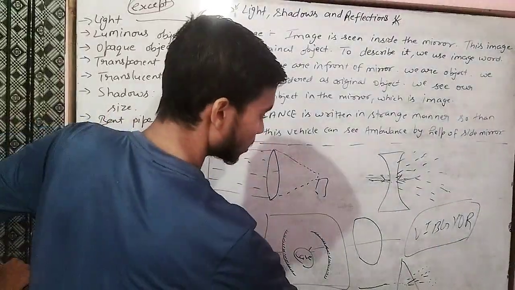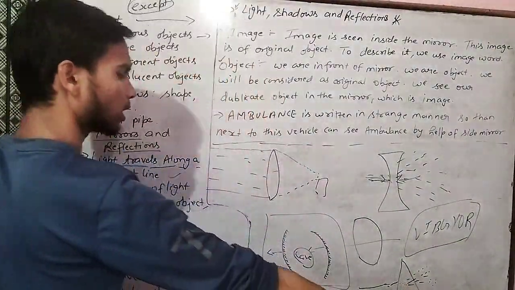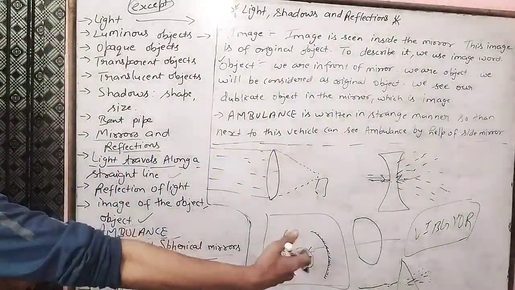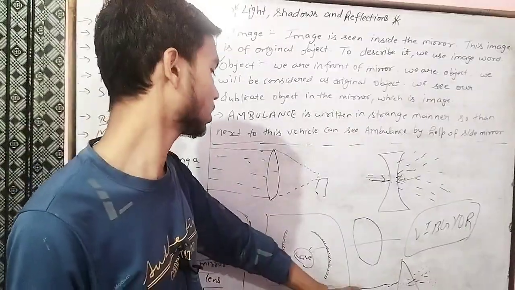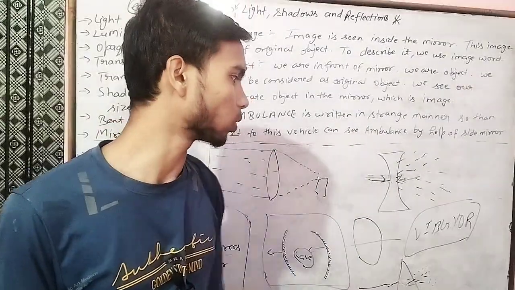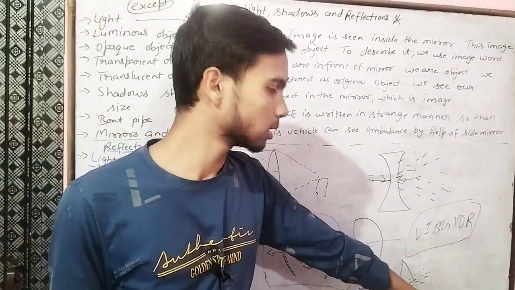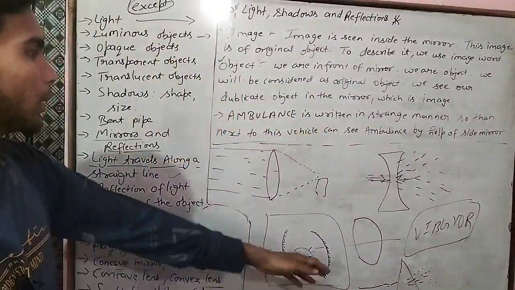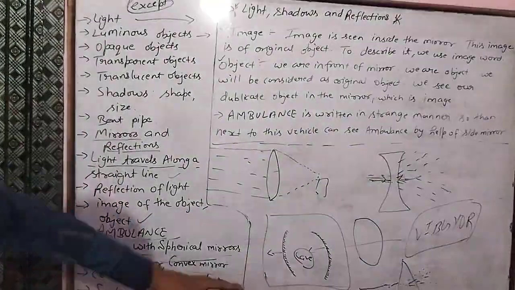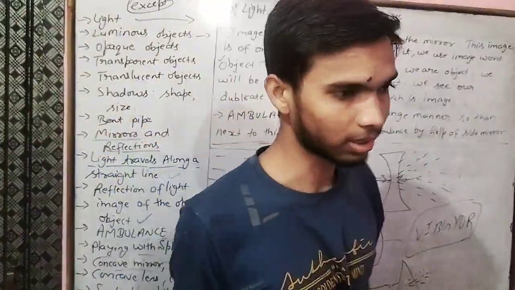Clear? You can also check in real life whether it happens or not, whether we see seven colors by doing this. Clear? That's all inside this lecture.